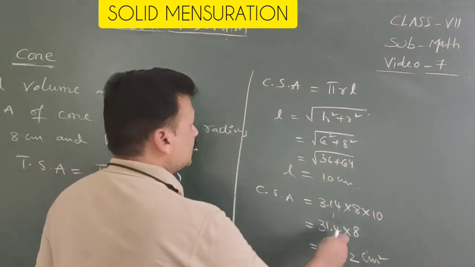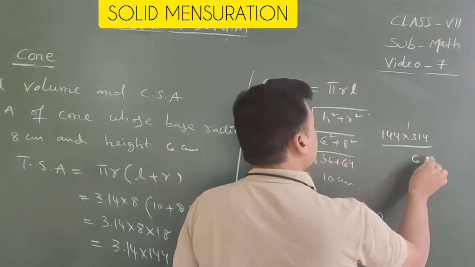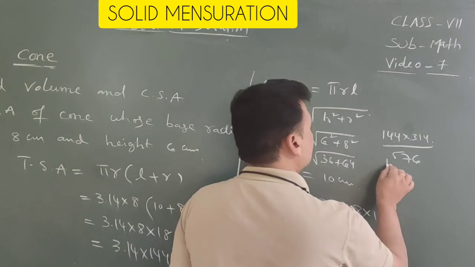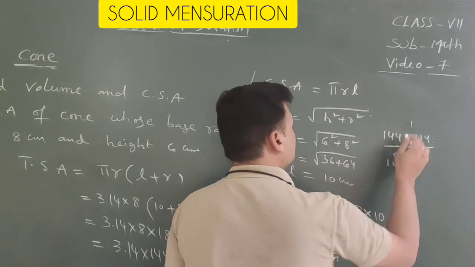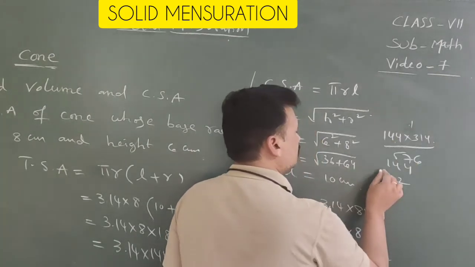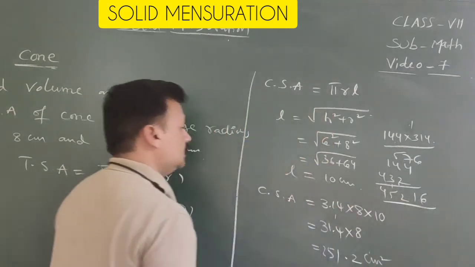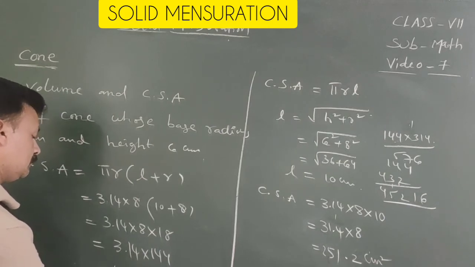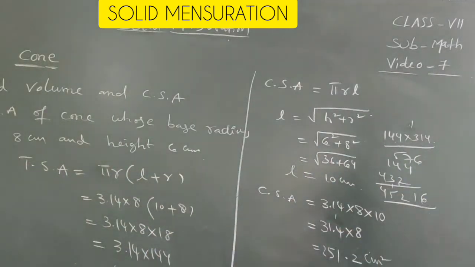After multiplication, 452.16 centimeter square is the required TSA of the cone with the help of the given measurements.